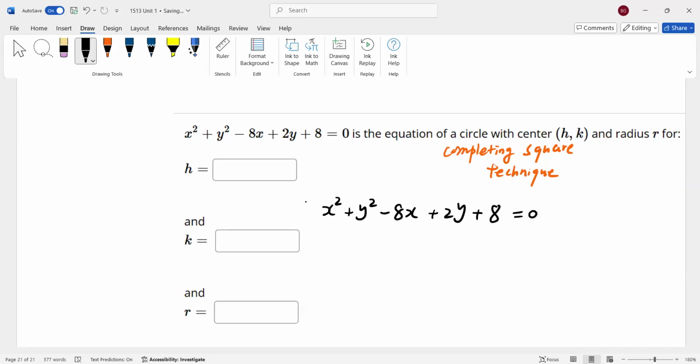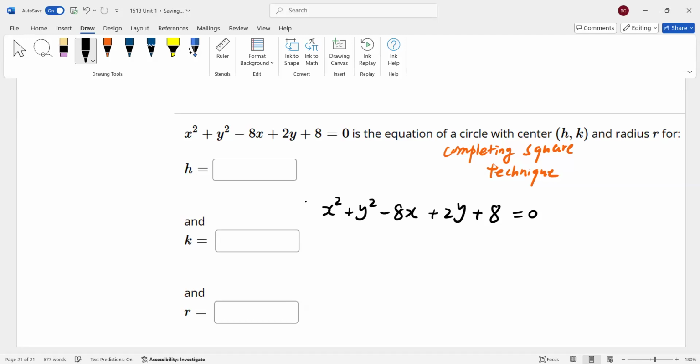So this is the general form. Next, how do I rewrite it in the standard form? I'm going to write all the terms in x together and all the terms in y together.